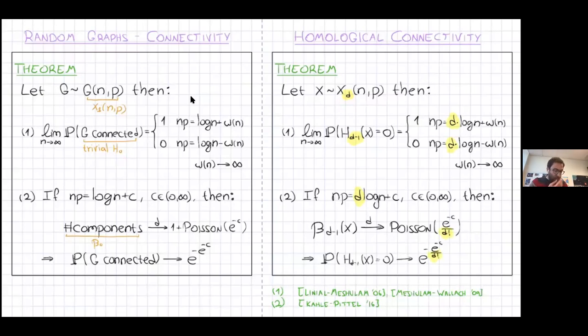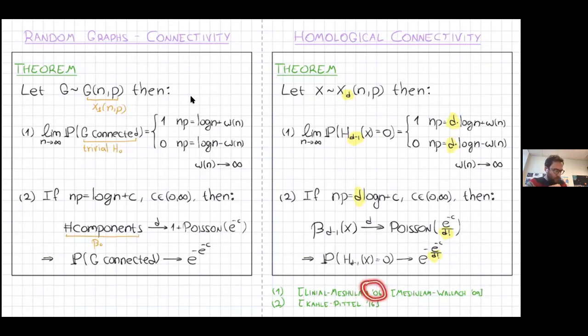And one of the really nice things about this theorem is if you take d equals 1, you get exactly the result on the left for the random graph. So it's a really nice and natural generalization from the graph case to the simplicial complex case using this language of homology. So Linial and Meshulam proved it first for two-dimensional complexes.